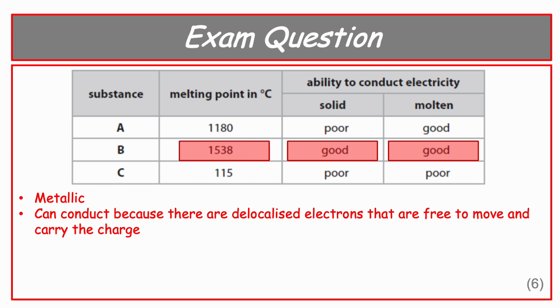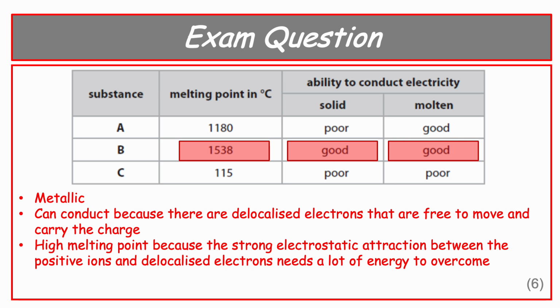It's got a high melting point because of the strong electrostatic force of attraction between the positive metal ions and the sea of delocalized electrons, which needs a lot of energy to overcome. So now you're looking at 4 marks for getting A correct and B. You would not get many marks at all if you just state A is ionic and B is metallic. You need to explain your answer.